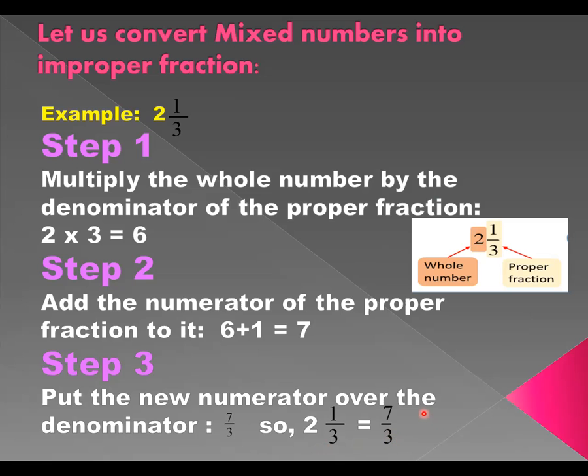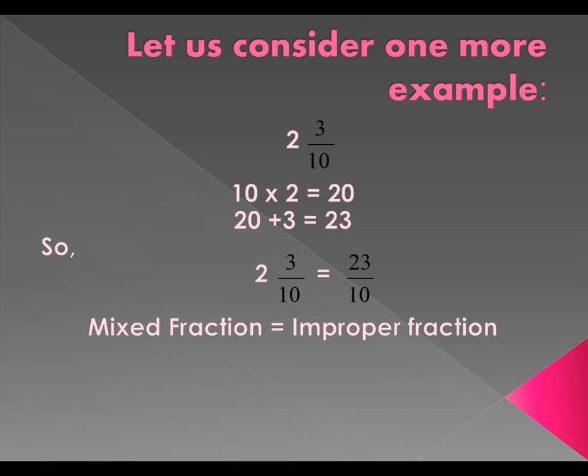Let us consider one more example by following the same steps. First, I am going to multiply my whole number with the denominator. So 10 2s are 20, and then the numerator is going to be added, that means 3. So 20 plus 3 will be 23.